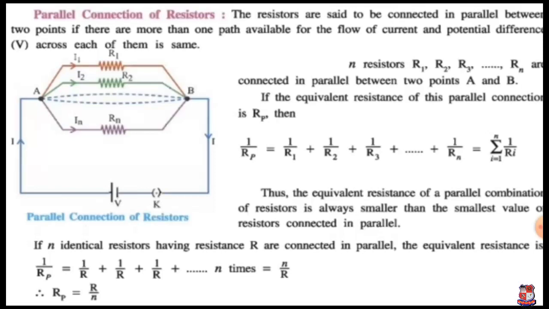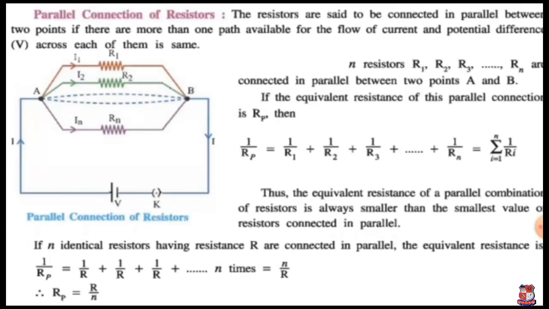Suppose you consider only two resistances, one of 10 ohm and another of 100 ohm. When you connect them in parallel, you have 1 upon Rp is equal to 1 upon 10 plus 1 upon 100. So 1 upon Rp equals 0.1 plus 0.01, which is equal to 0.11.